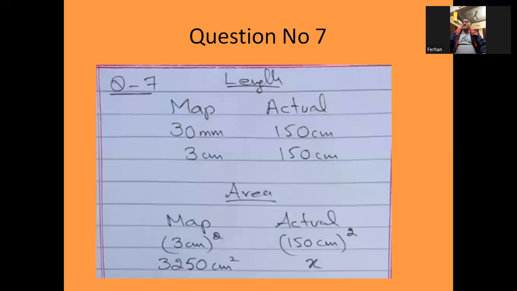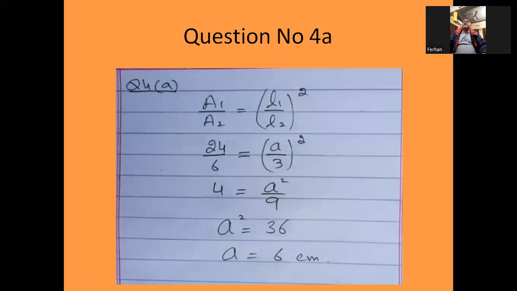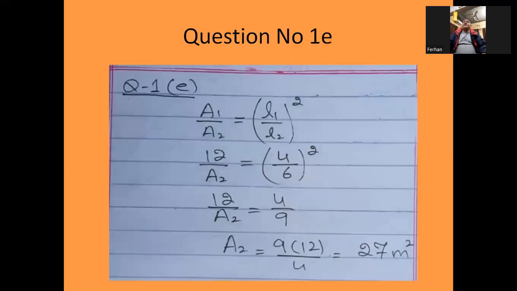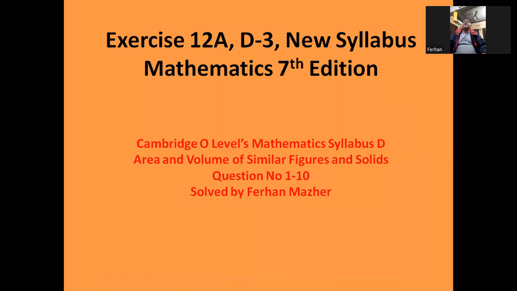So today, my dear students, we were working on chapter number 12 from the book D3. The name of the book is New Syllabus Mathematics 7th edition, and my class is studying this chapter, so that's why we have done this chapter.